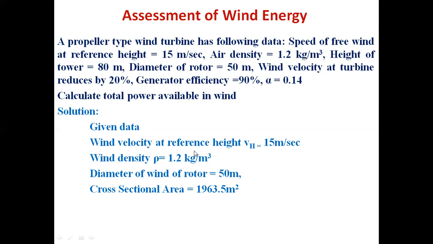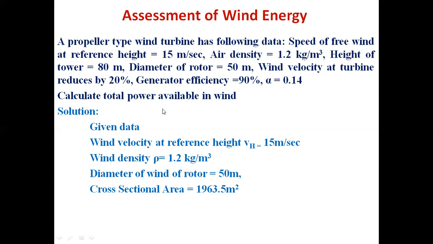So before solving this problem, we will have to calculate the cross-sectional area of the wind on which the wind velocity will act, and the energy available in the wind will be converted to mechanical energy of the wind turbine. Before that, we will have to calculate the velocity of the wind at 80 meter height.